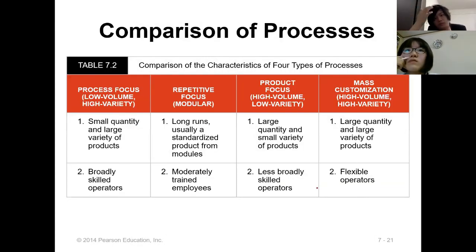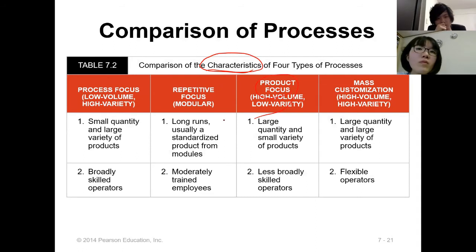Okay, if we compare the different processes, you can look at the characteristics. So you can see there are different characteristics. If your product is, you only want to produce one item, just one variety, and large volume, obviously you must pick product focus.